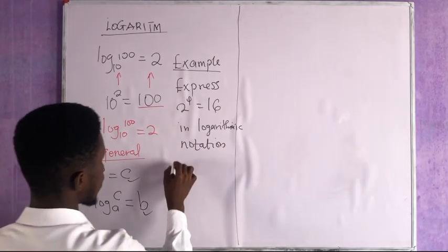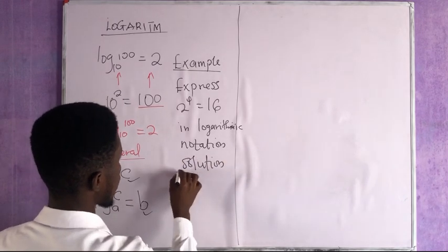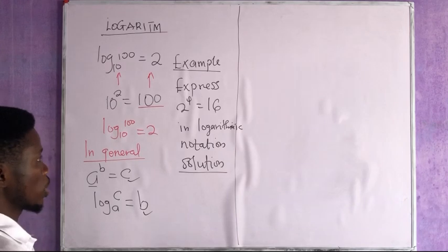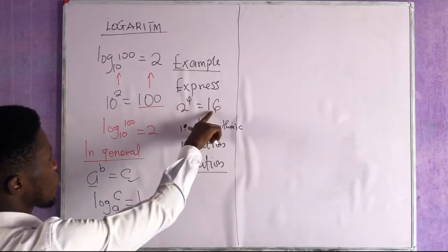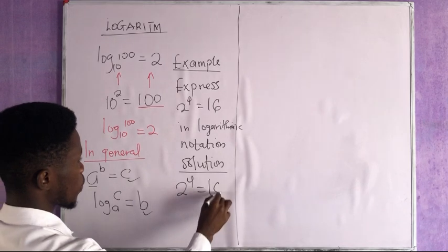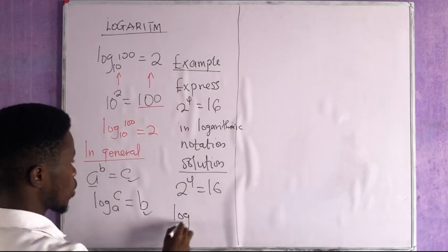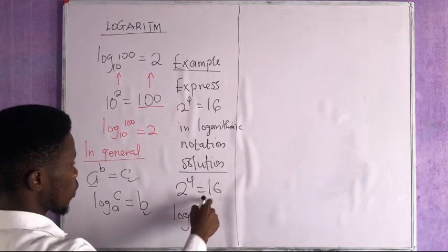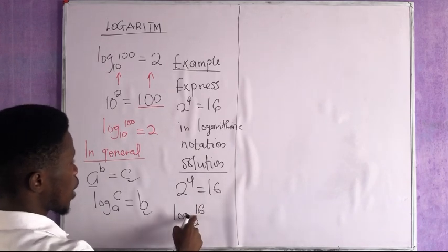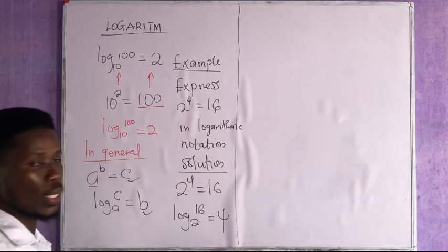Okay, so let's see how we can write this one in log notation. 2 to the power 4 equals 16. So what is the base here? The base here becomes the base of the log, which is 2. Whatever you have here, the answer there becomes our power, and our power becomes what? Our answer. Simple as that.